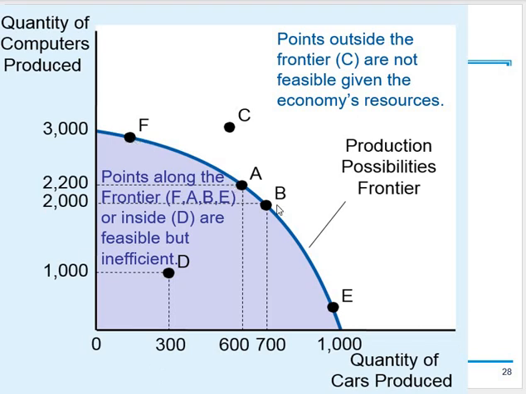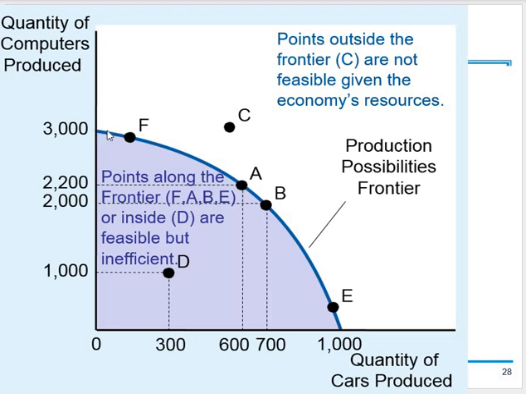So F, A, B, and E represent points where you're producing at an efficient level. So all F, A, B, E, those points are the best you can do. But you still have different options, different possibilities as you are utilizing your resources. But you cannot really get to the point C because that would require more resources, right?